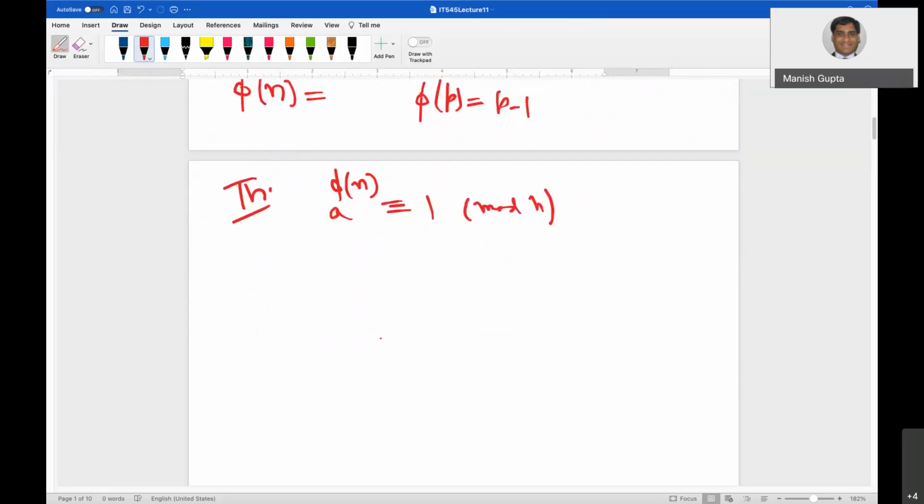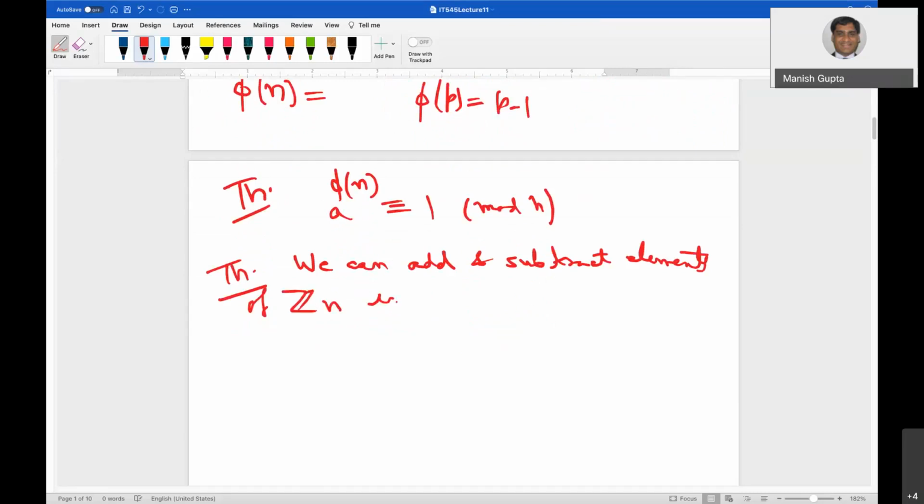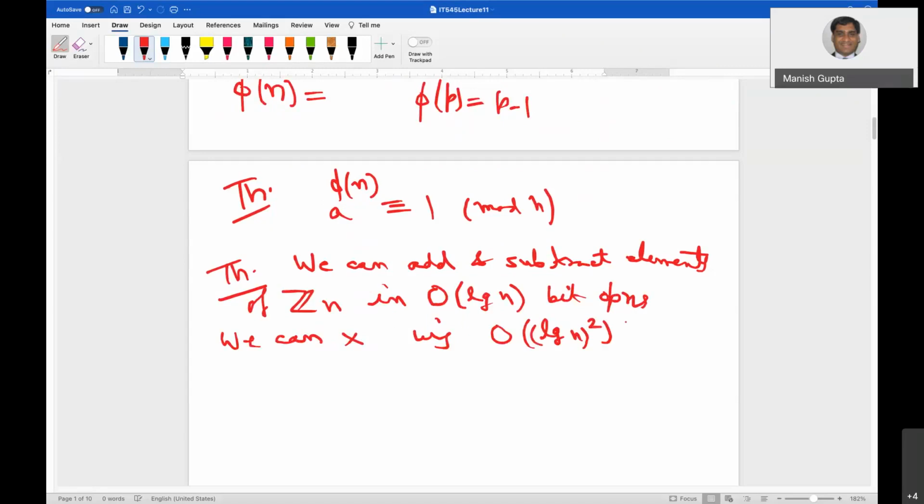Another theorem that I want to state about modular arithmetic: we can add and subtract elements of Zn, the integers modulo n, in big O of log n bit operations, and we can multiply using big O of log n whole squared bit operations.